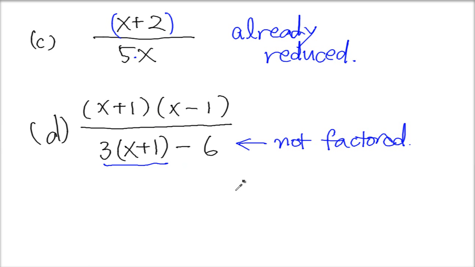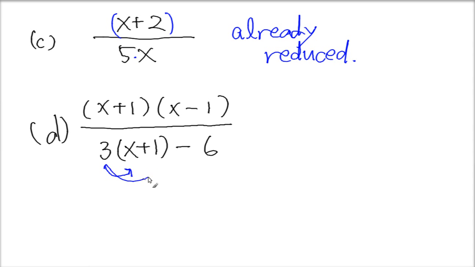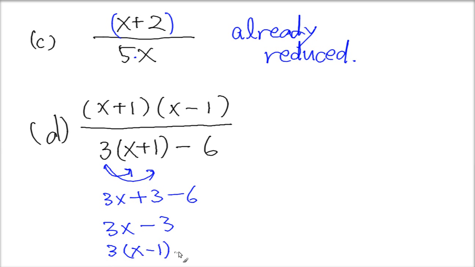So how do we factor the denominator? Let's start it over. Let's look at the denominator. We can actually simplify. I'm going to multiply this out into 3x plus 3 minus 6 and reduce it to 3x minus 3. And then 3 is a common factor, so this is 3 times x minus 1.